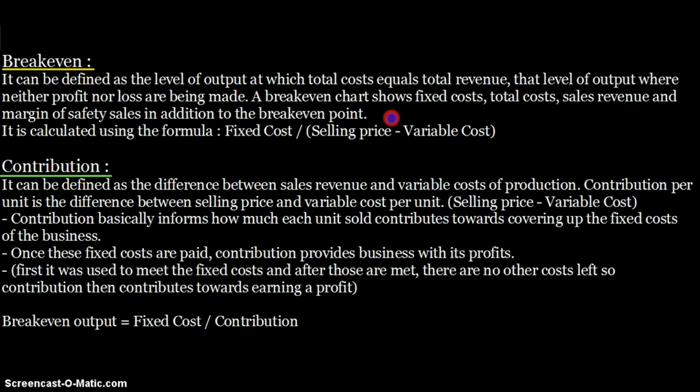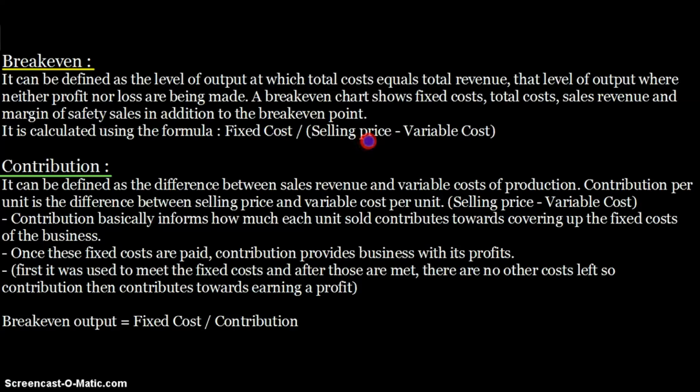So how do we calculate the break-even without the chart? We can calculate it using the formula as well. That is fixed cost divided by selling price less variable cost. Selling price less variable cost is also known as contribution, that is how much each unit contributes towards a certain product. Do know that break-even is used for one product at a time.